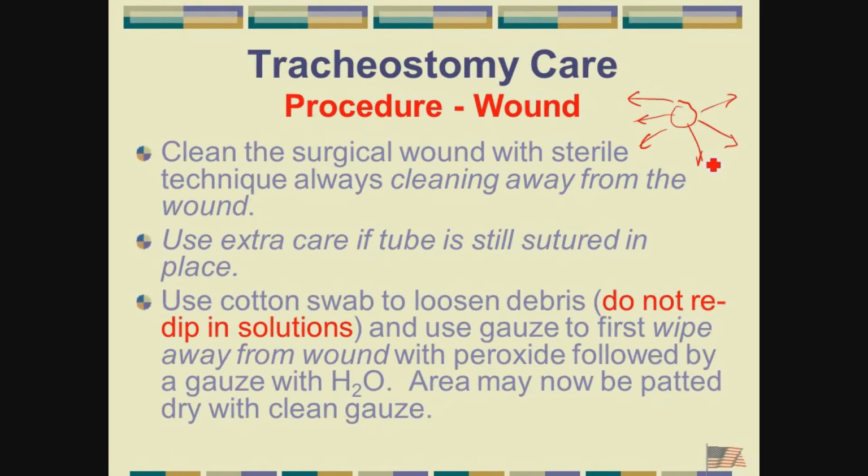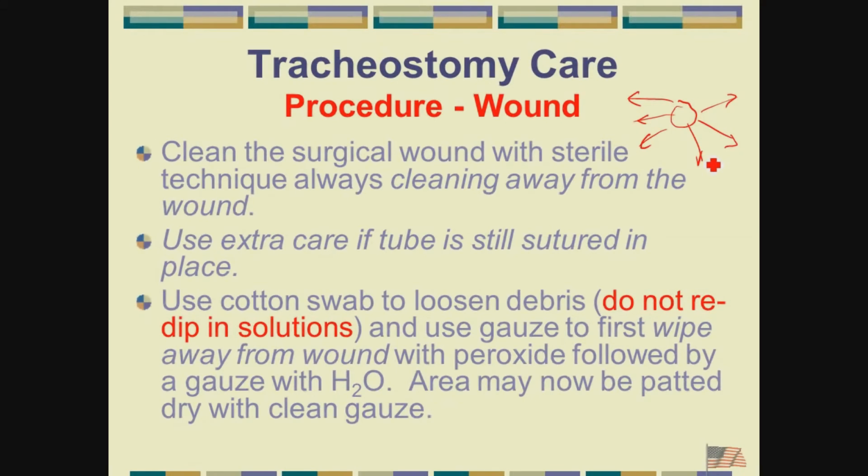Use the cotton swab that is there to loosen debris. Sometimes the secretions become caked and crusty, and you've got to be careful that you remove them because there are obviously going to be potential problems with the skin if you don't.